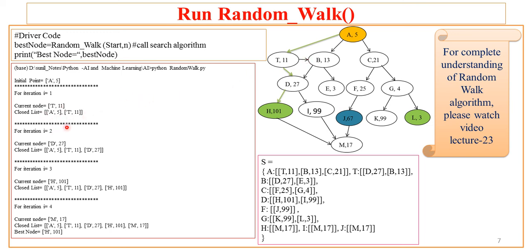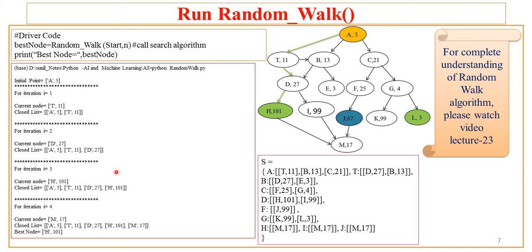In iteration 2, T is taken and the children of T are B and D. Fortunately among B and D, the random function returned D. So D is the current node, and the nodes visited so far are A, T and D, maintained in the closed list.